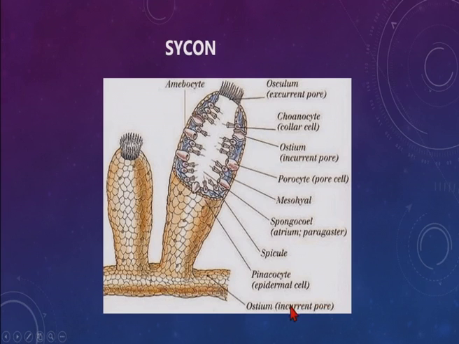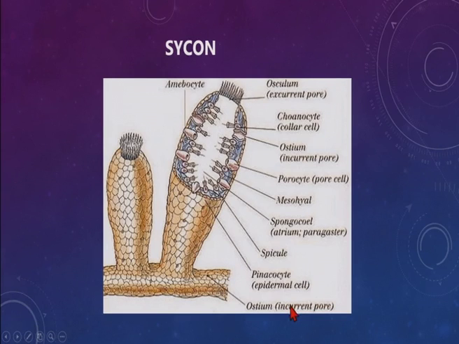And there are choanocytes, also called collar cells. This is the ostium, the incurrent pore, which sends water to the central cavity of the body of the Sycon.